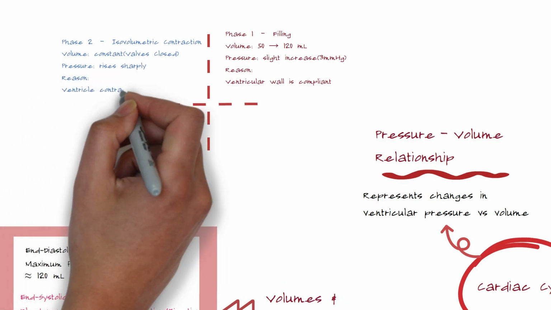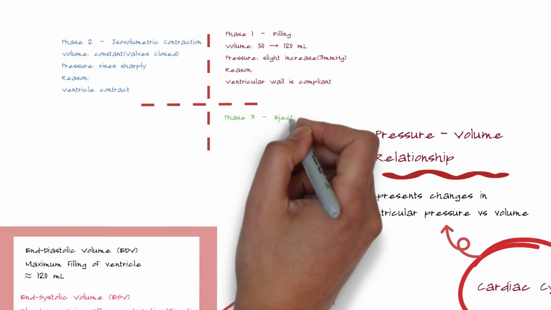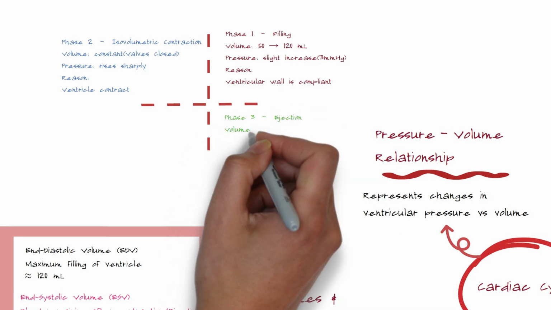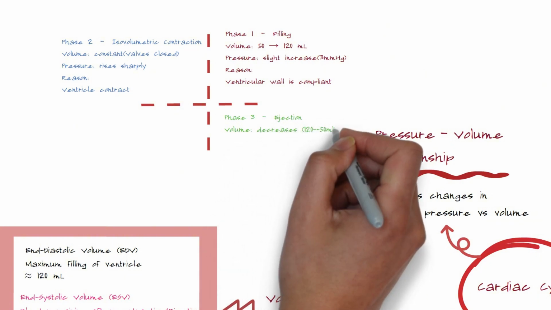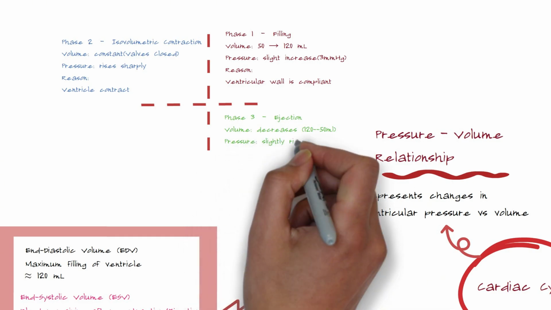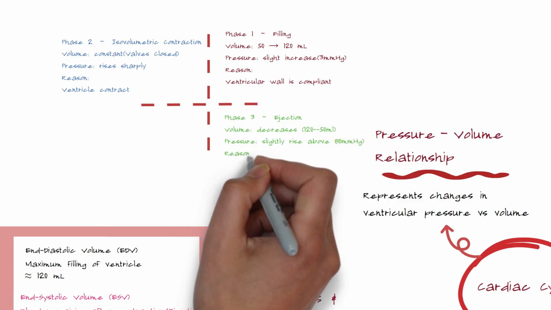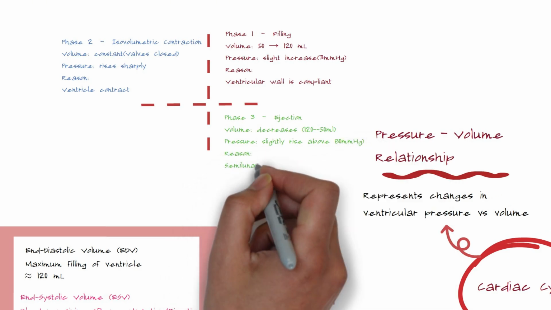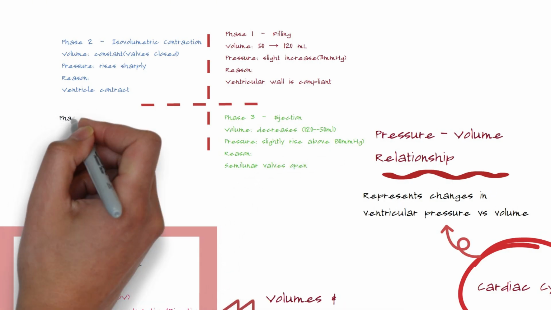Then phase 3, ejection. For this to occur, the semilunar valve, aortic or pulmonary, opens, and the volume starts to decrease gradually from 120 back to 50, and the pressure increases slightly above 80, and could reach up to 120 millimeters of mercury.